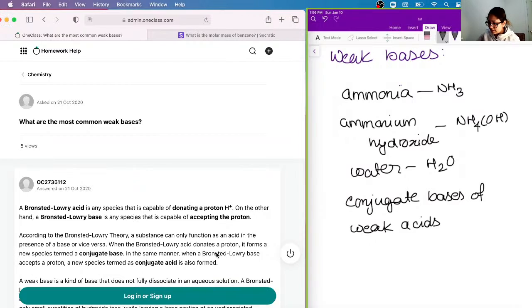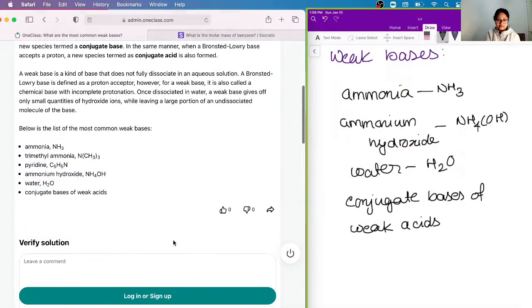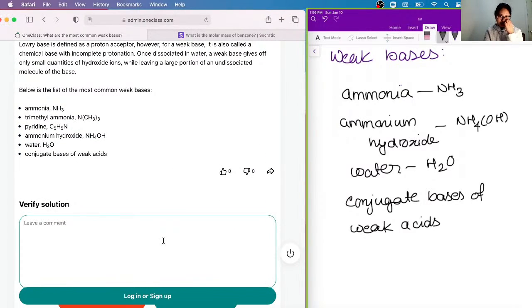Okay. And so these are some common ones, and there are many more, but these are basically the common ones. And so yeah, they have listed more here, but the idea is the same. So the solution is correct.